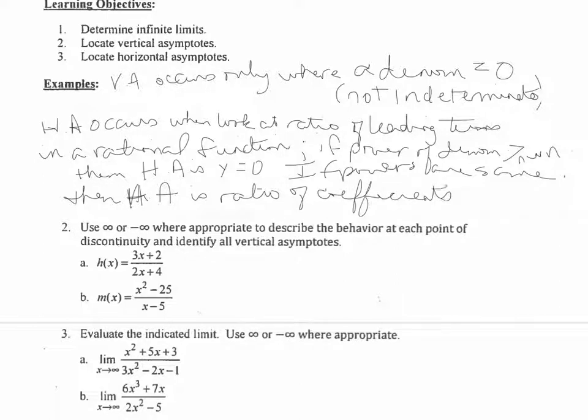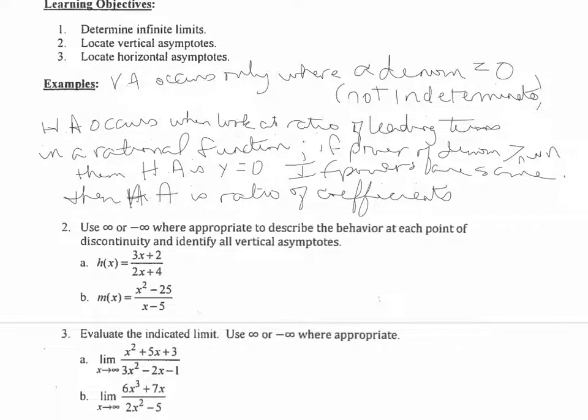So that's what the y value is approaching, the ratio of those coefficients. And remember, if the numerator is growing faster than the denominator, there is no horizontal asymptote. It's just moving toward unboundedness, either positive infinity or negative infinity. All right, we good? So this is what we're going to look for.